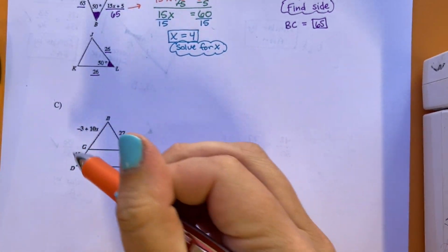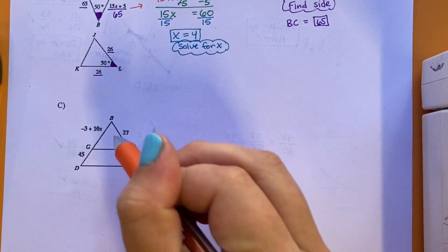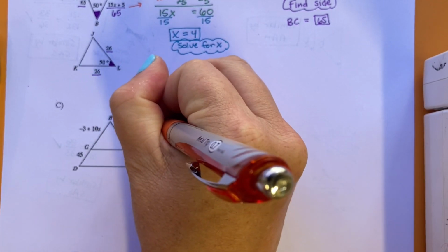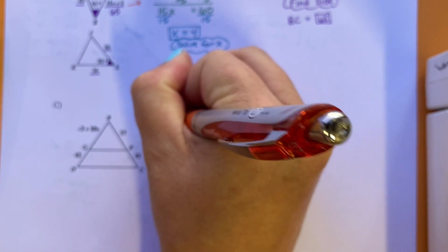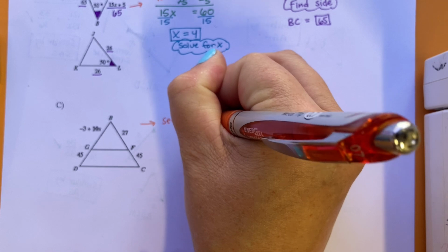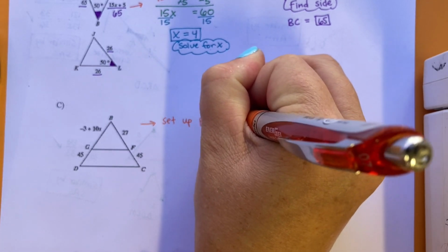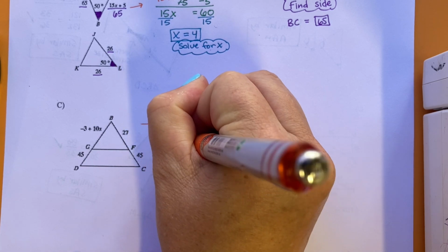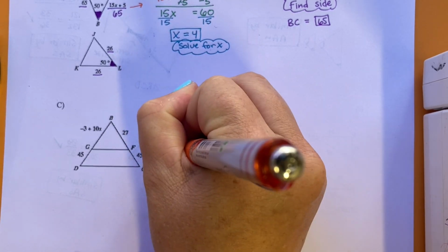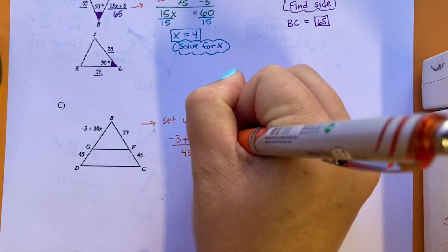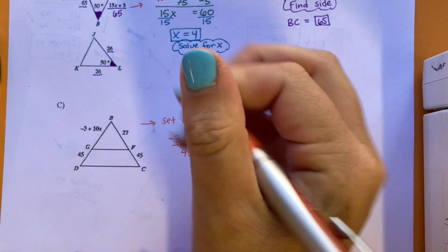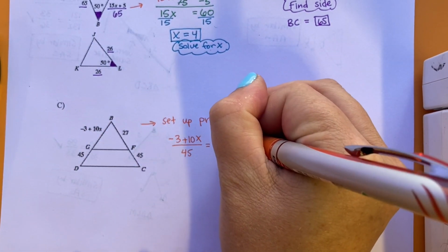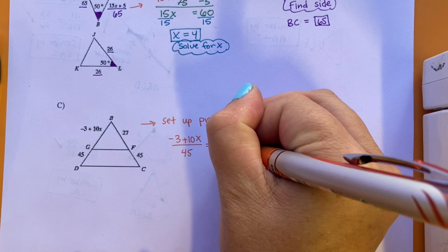So right now, because we have just the sides, I'm going to set up a proportion. And I'm going to kind of leave it the way it looks in the triangle. -3 plus 10x over 45. So I did top over bottom, so I would do 27 over 45.